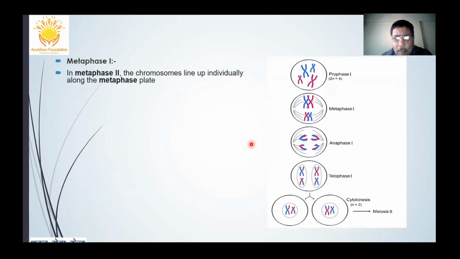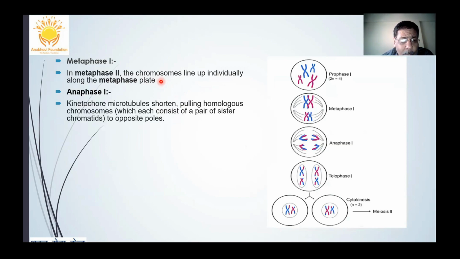Then after prophase 1 comes metaphase 1. The same things will occur in metaphase 1. The chromosomes line up individually along the metaphase plate. Then in anaphase, the kinetochore microtubules shorten, which were produced because of the centrioles, and which are the spindle fibers.